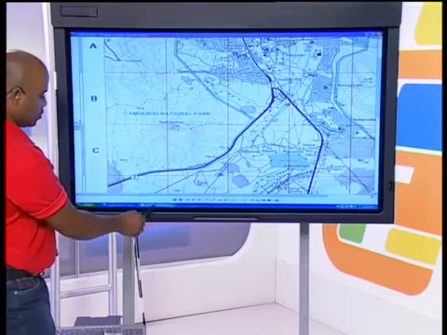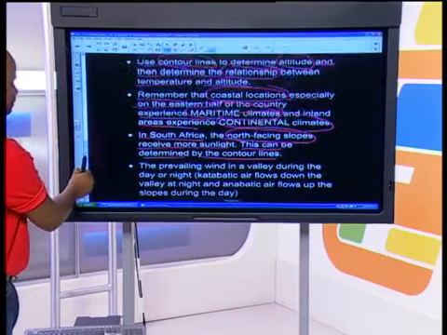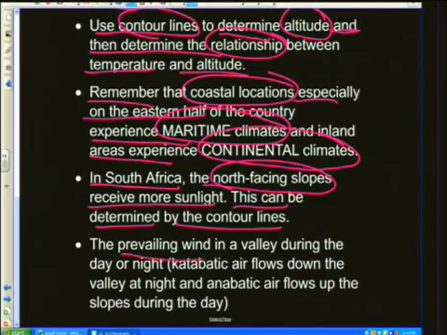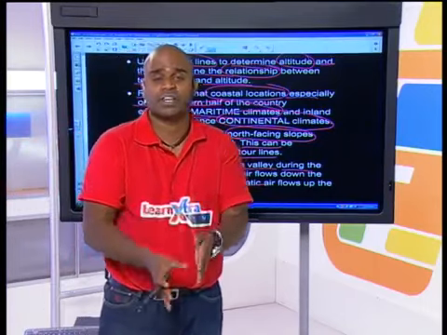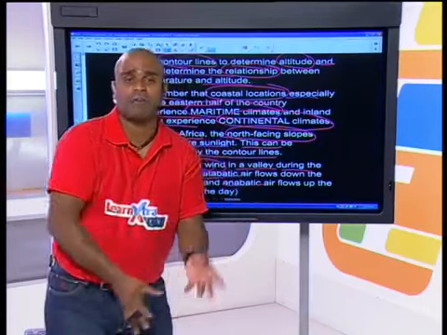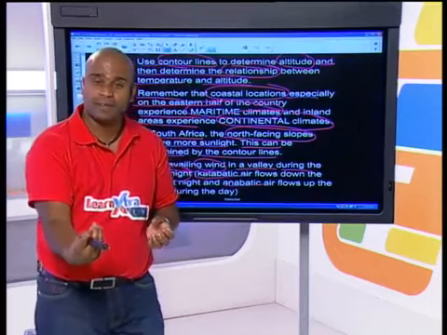Let's move back to the hints and tips. The prevailing wind in a valley during the day or night, and here we're referring to katabatic as well as anabatic airflows. Simply put, guys, your grade 12 content deals with valley climates. And what you've studied along this section is the aspects of anabatic and katabatic flow.